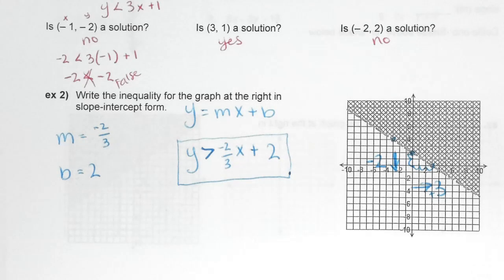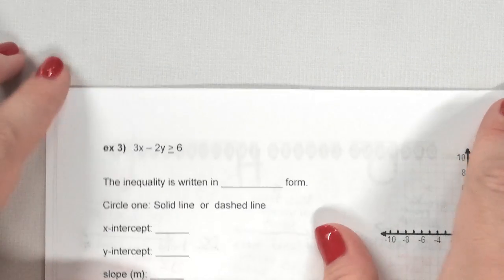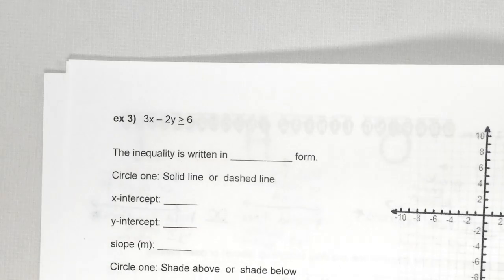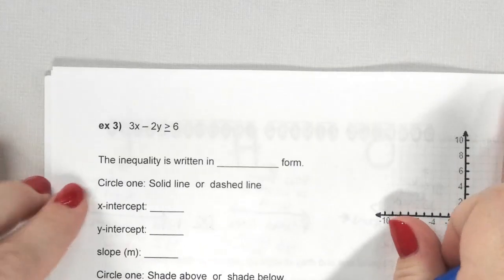So when you're done writing that down, go ahead and flip to the back. So the front is when y is alone. That's your slope-intercept form. What form is the back? Standard form. This is when a and b are on the same side. So things that we need to remember about standard form. Well, how do you find slope from standard form?